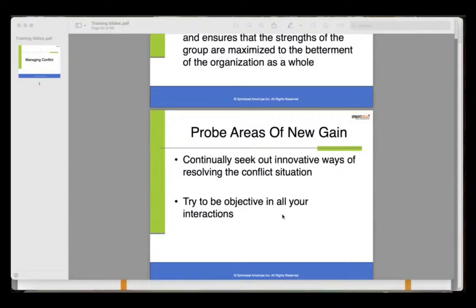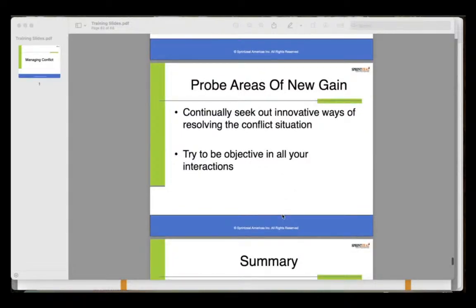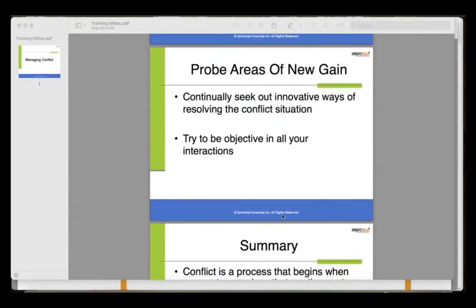Then try to be objective in all your interactions. As I said, in all the interactions that you are going to have with the interested parties, you should be trying to be objective. And of course it is a continual improvement process. Conflict resolution is also a type of mitigation, conflict mitigation, so we should be continually looking for improvement.